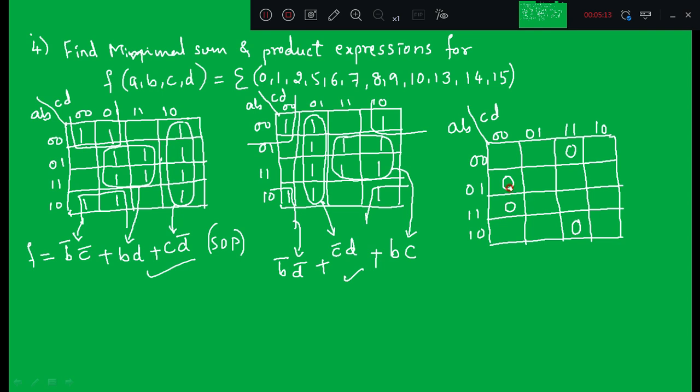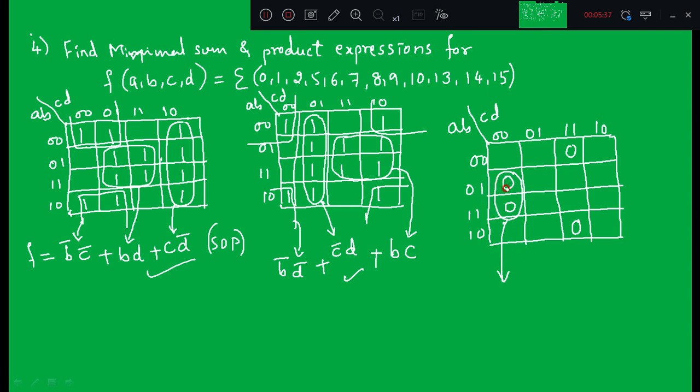So here I cannot put all these 4 zeros in one group, right? So what I'll do, I'll go with two zeros grouping. So what is the expression for this grouping? Since you are grouping 0, wherever the input is 0, you take its true form. If it is 1, then you take its complemented form, right?